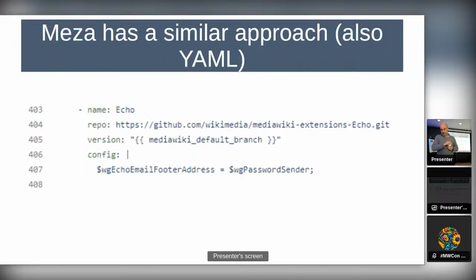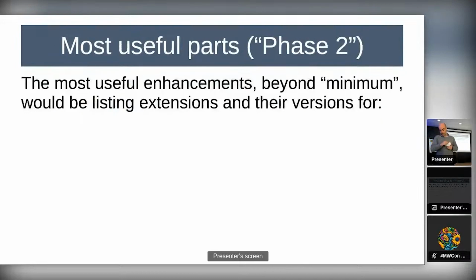And my only other thought about this whole thing is, I talked at the beginning about the complete set of recommendations, beyond just the minimum one. So what would be the most useful parts of that? It's not like people are really going to ask for the best extensions to use with MediaWiki 1.10 and PHP 3 or what have you.